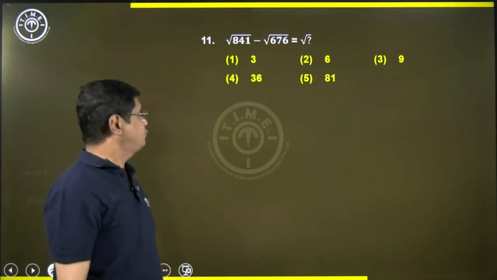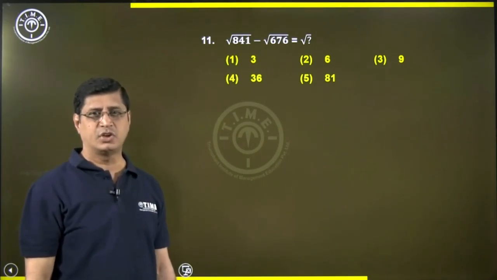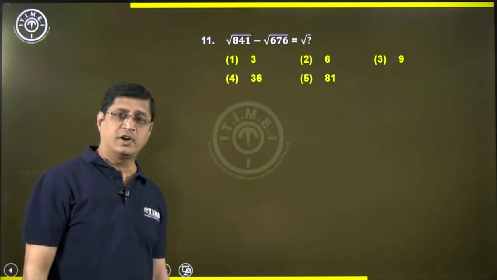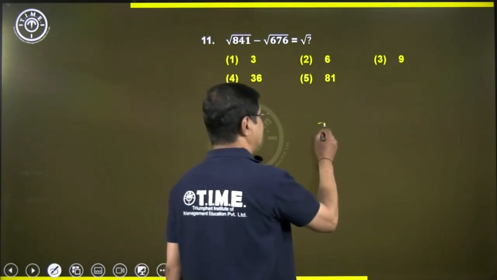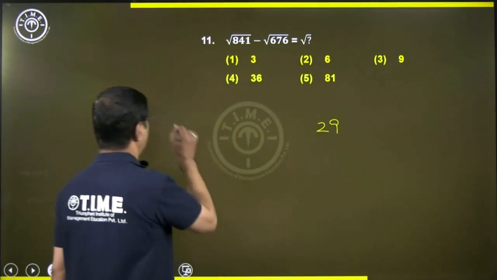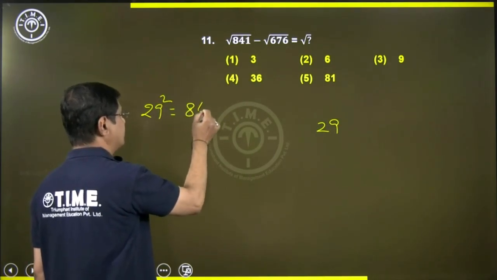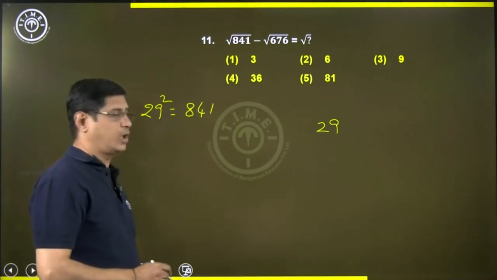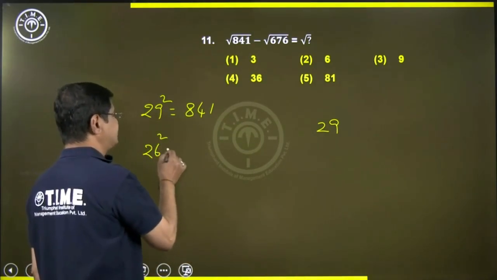The answer choice 2. Now next example on your screen. Square root of 841 minus the square root of 676 is equal to question mark. 841 is a perfect square. What is the square root of 841? That is 29. 29 square is equal to 841. Okay. Now 676, that is 26 square.